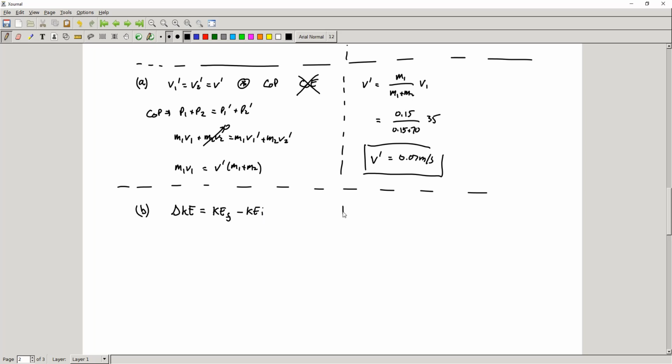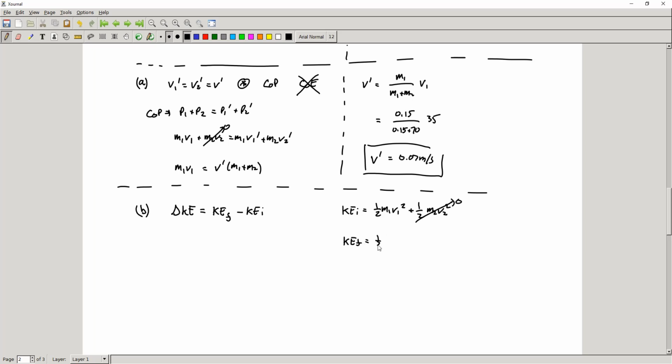What is our initial kinetic energy? Well, that's going to be equal to 1/2 m1 v1 squared plus 1/2 m2 v2 squared. But again, v2 is 0, and so this term will be 0. And what is our final kinetic energy?